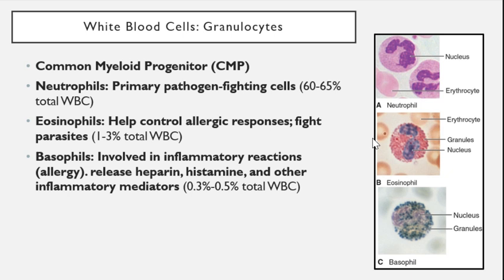All three of these names come from how they absorb dyes. What people do is expose these cells to acidic and basic dyes. Neutrophils don't absorb either one of them, so they are neutral, so they call it a neutrophil. The acidic dye is called eosin, and if a cell absorbs eosin, it is an eosinophil.